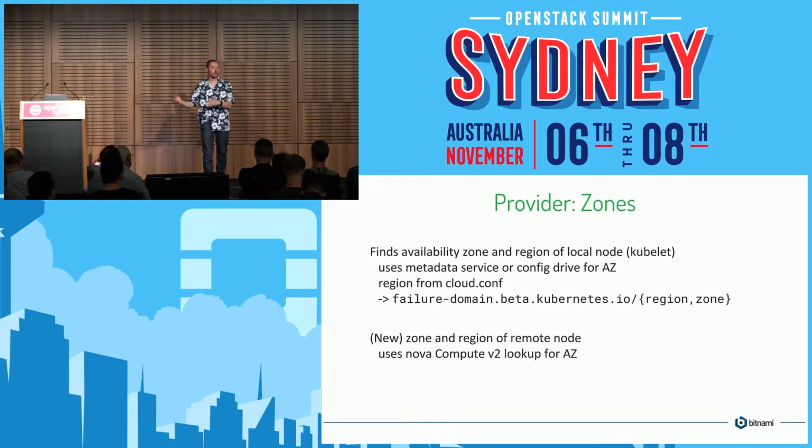So you can say, only schedule this pod in this availability zone. You can also do anti-affinity sort of rules where I'd like these 3 replicas of this pod to be spread across availability zones. So this is where these labels come in. And then very recently, there's a new bit of code there to do that for remote nodes. The original code does that, again, by looking up the metadata service on the local kubelet.